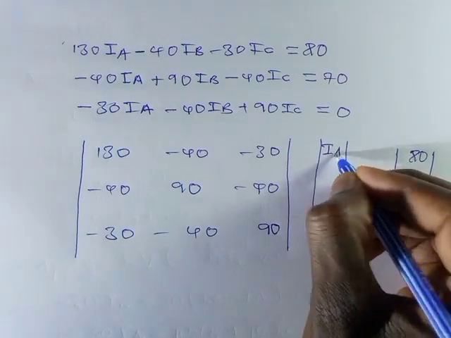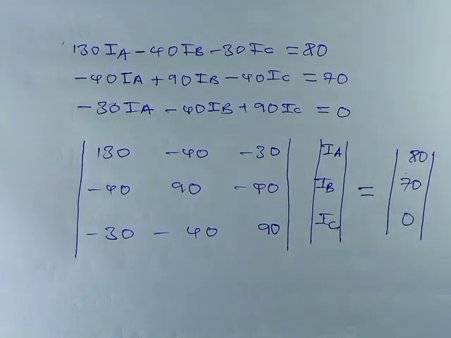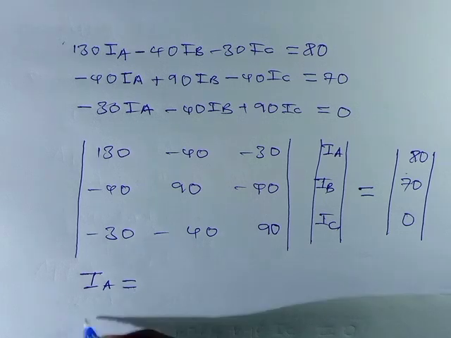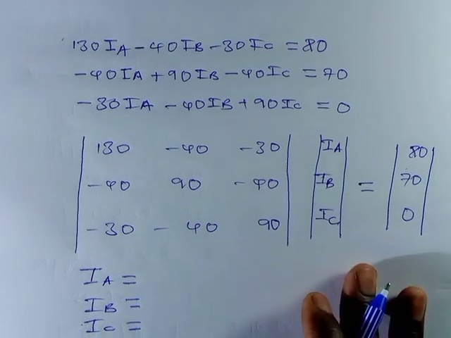So we are going to have IA, IB, IC. Simple. So we can punch this on the calculator and get IA, IB, IC direct.